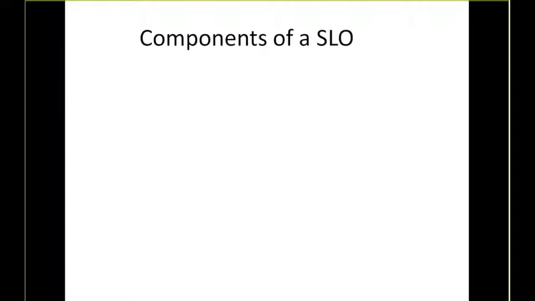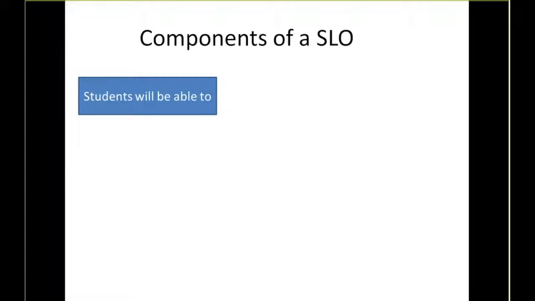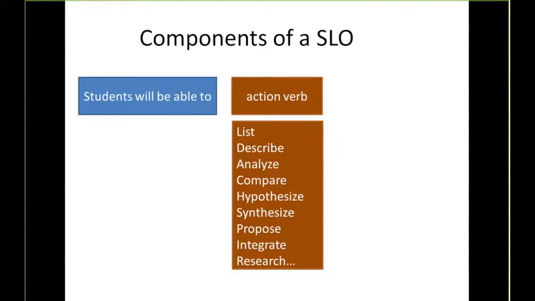So if we look at the components of an SLO, it has 3 components. First, it always starts with "students will be able to." Second, it has an action verb. So what exactly do we want students to be able to do, and make these verbs operational, meaning that you can look at this verb and think about what activities they will be able to do.